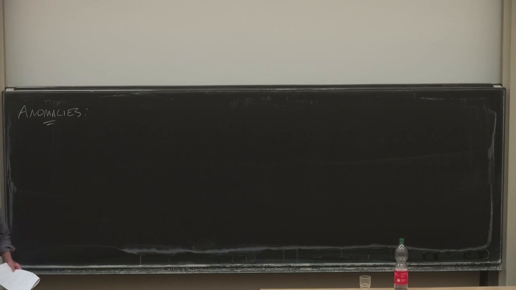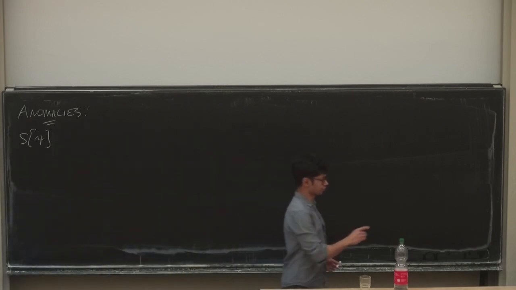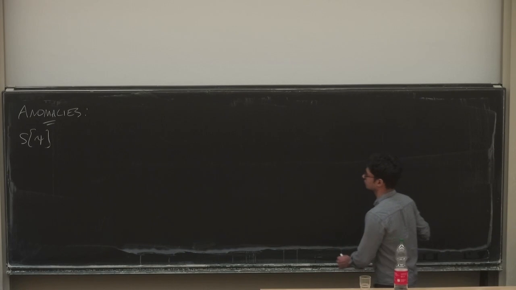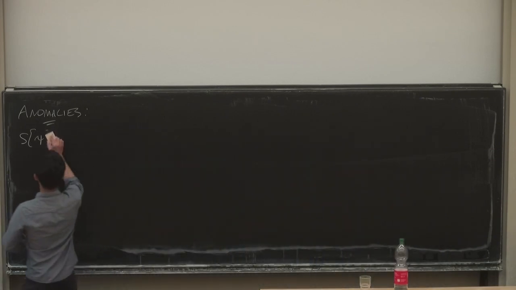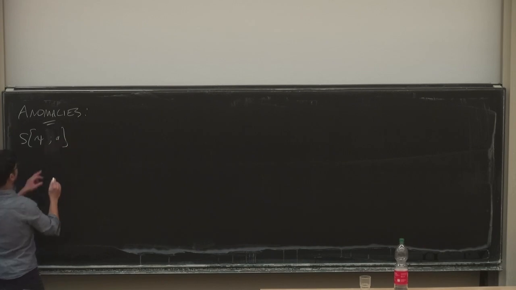All right. So I want you to consider the theory of a Dirac fermion, and I want to couple this Dirac fermion to an external source. So here I have my Dirac fermion, and this is an external source.